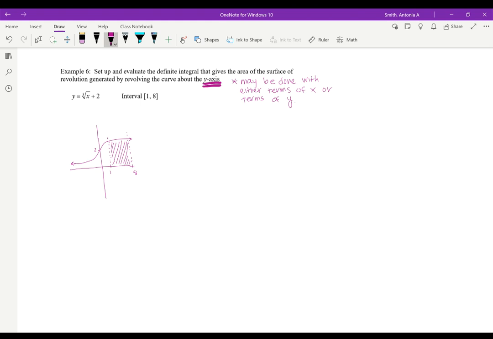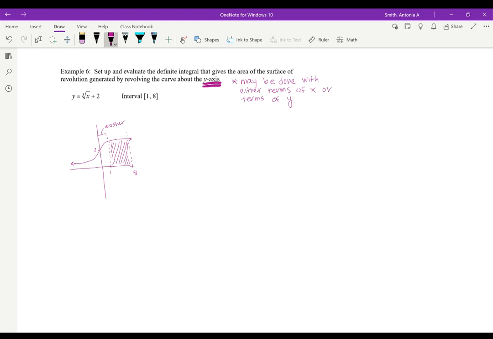Right? So you can tell that there's a gap between our piece that we're revolving and the axis we're revolving it around. So since we have this gap right here, I know that means this is going to create some kind of washer type shape, right? We're going to have a hole in the middle. So that's our curve that we're revolving.